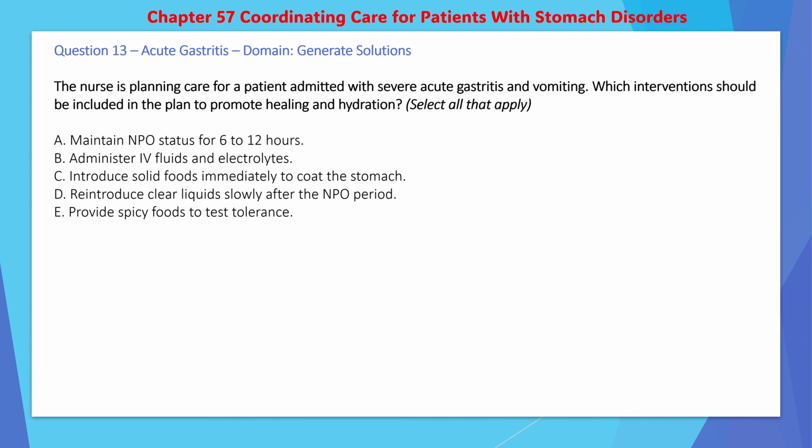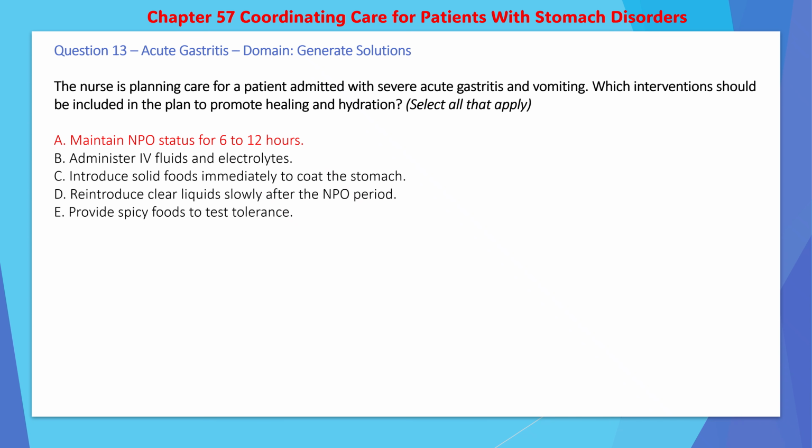Maintain NPO status for 6 to 12 hours. Administer IV fluids and electrolytes. Introduce solid foods immediately to coat the stomach. Reintroduce clear liquids slowly after the NPO period. Provide spicy foods to test tolerance.